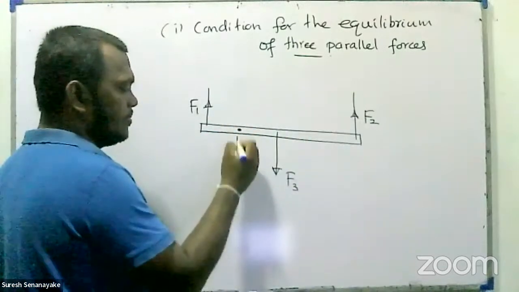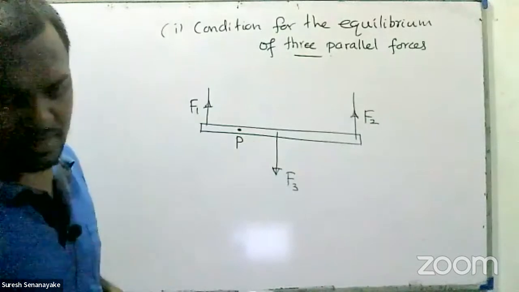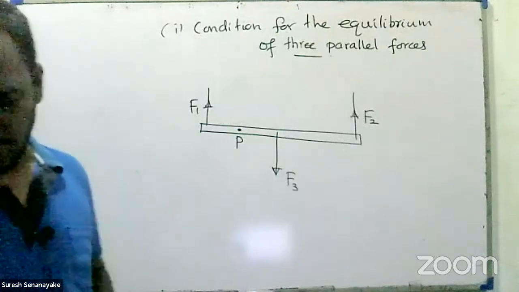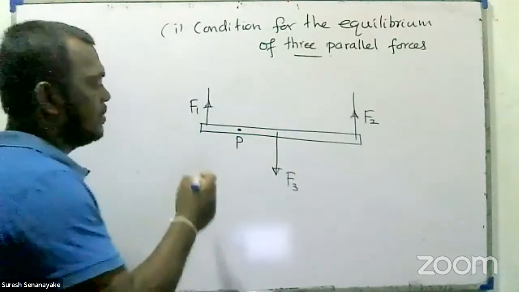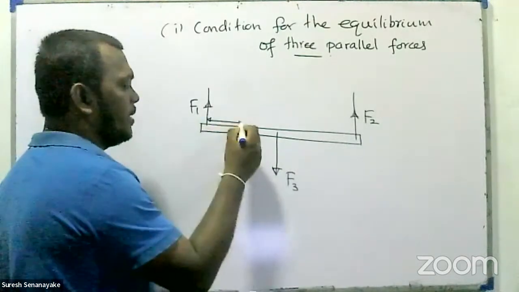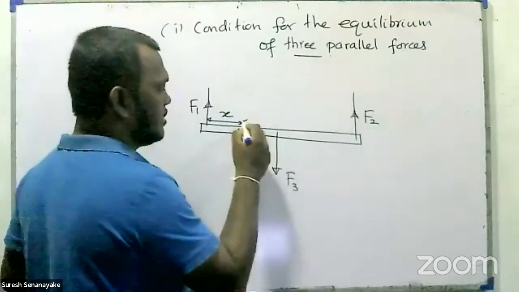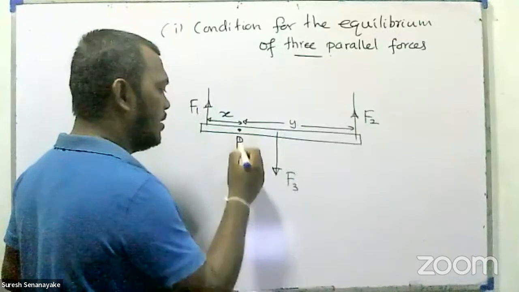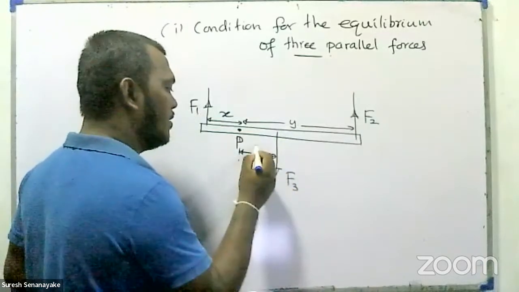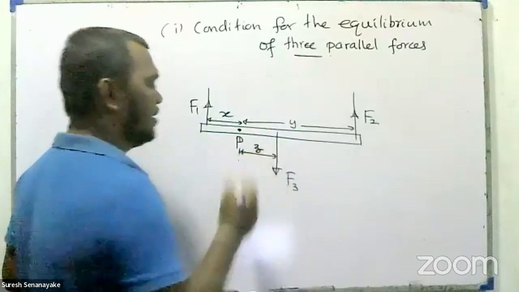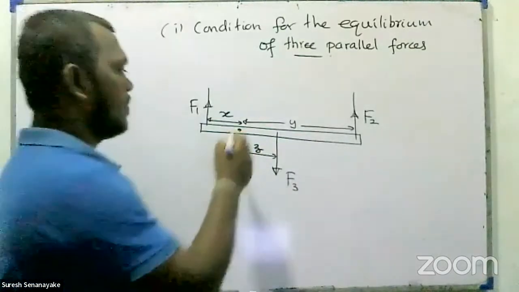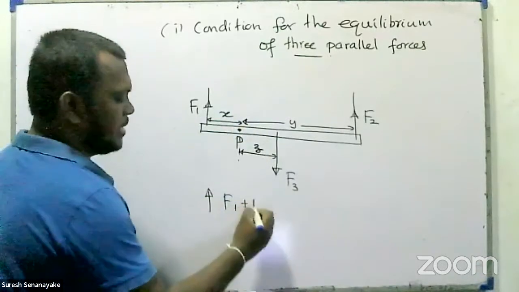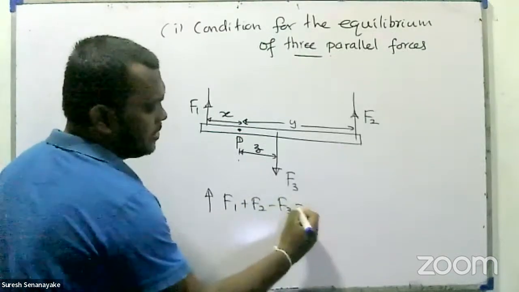Without any specifics, you can write the distance from here to the point P as x, and the distance to this other point as y, and the distance from P to the F3 is z. According to the first condition, the algebraic sum, you can write F1 plus F2 minus F3, where F3 is downward.